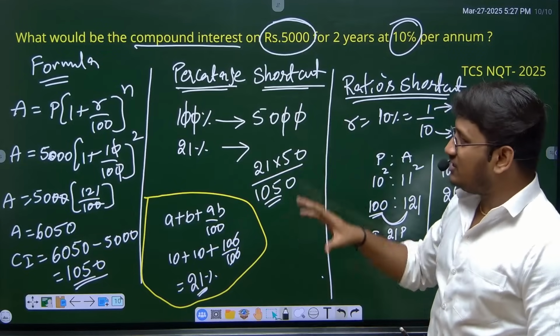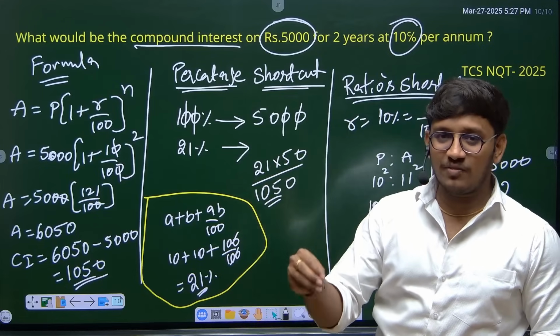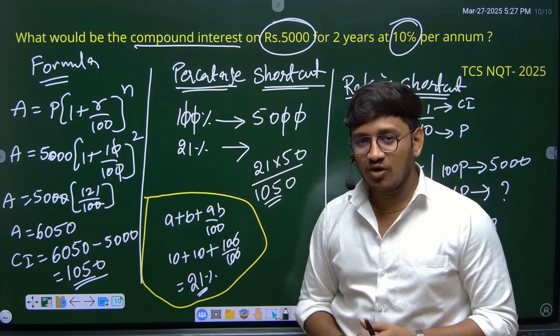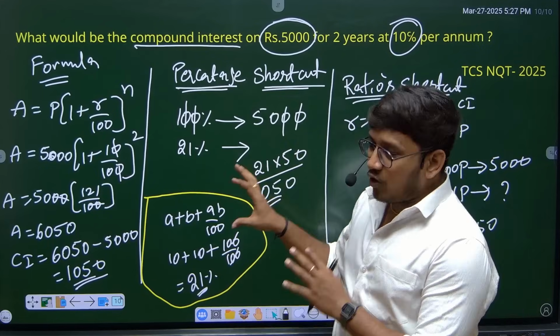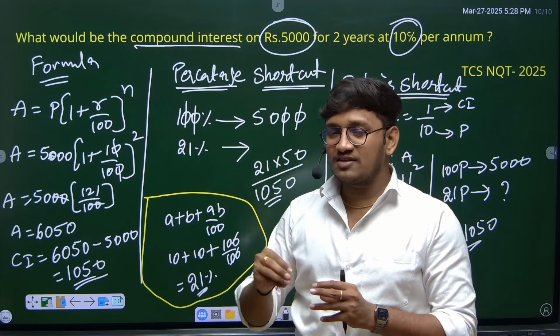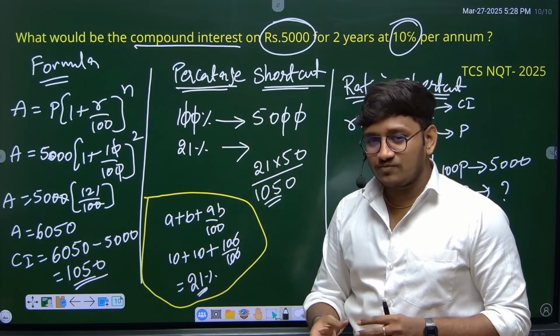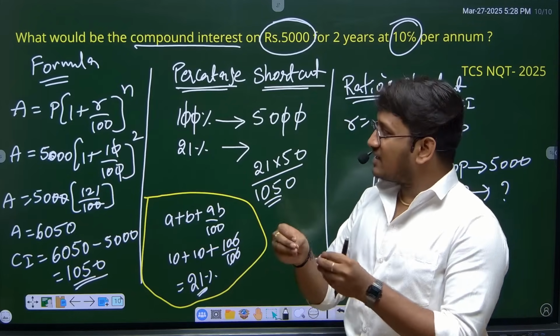These are the questions exactly given on 26th March TCS NQT. So just watch these questions and practice many more questions of a similar pattern. We are not so sure you will get exactly the same pattern of questions.